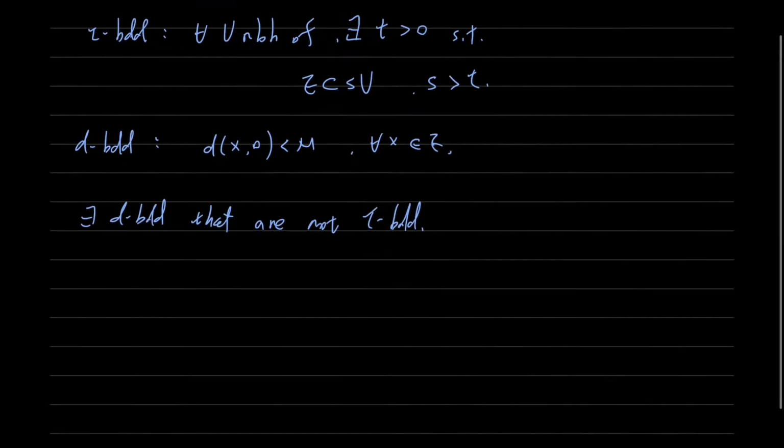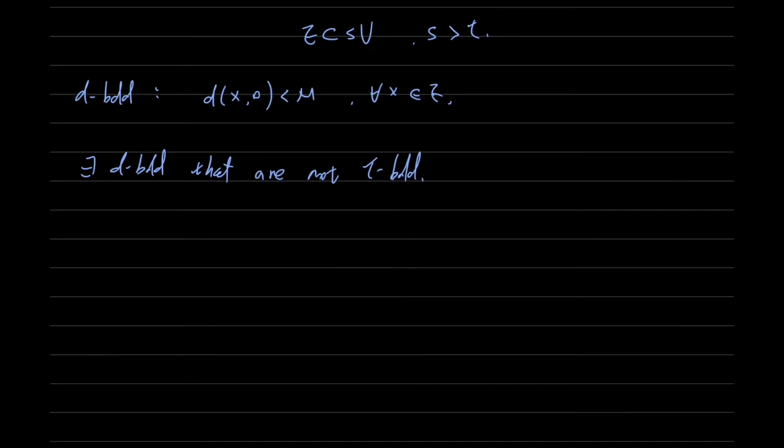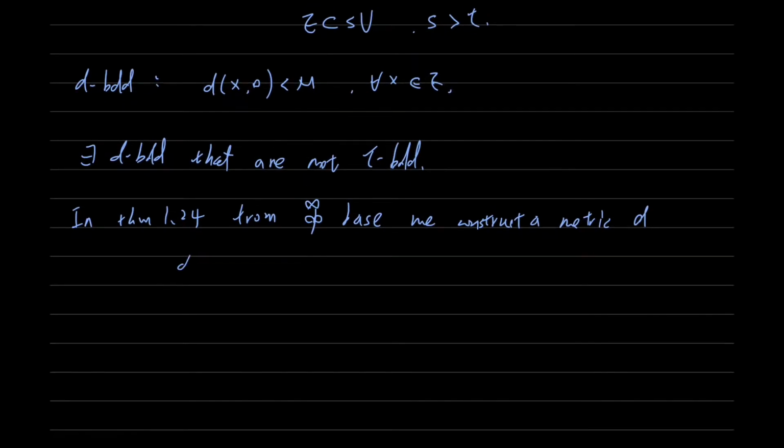So, for example, we construct a metric in theorem 1.24. So in theorem 1.24, from a countable local base, we construct a metric, which is d(x, y) equal to f of x minus y.